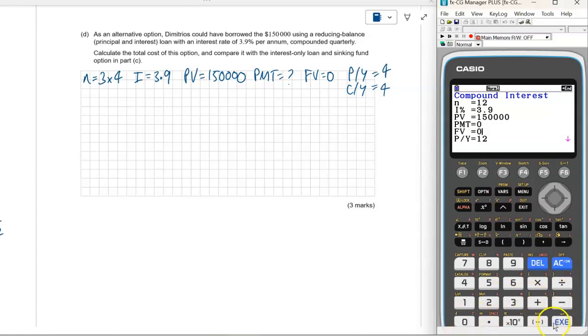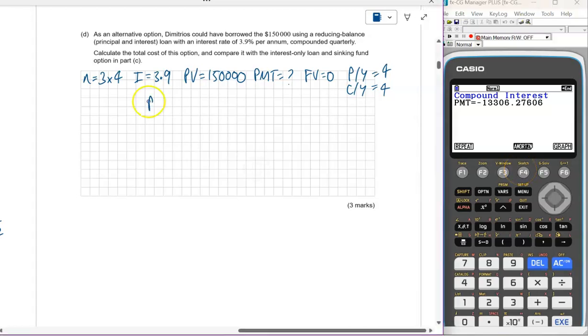The future value wants to be 0. And let's set PY and CY both to 4, so for quarterly. So PMT here is, so each quarter he needs to pay $13,306.28.